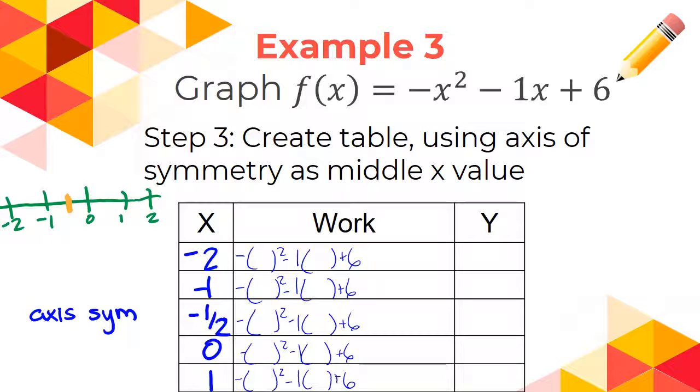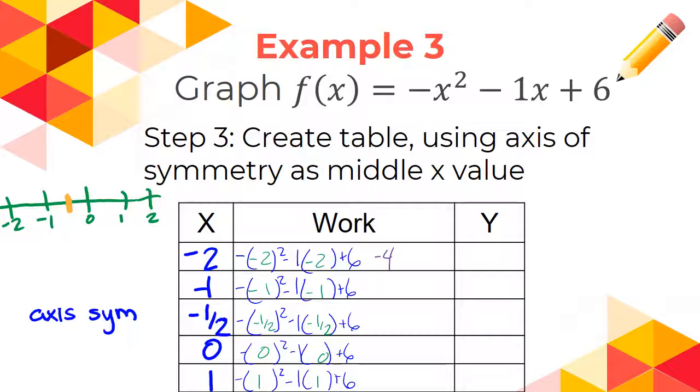All right, if I fill in those x values, I have a negative 2, negative 1, negative half, 0, 1.